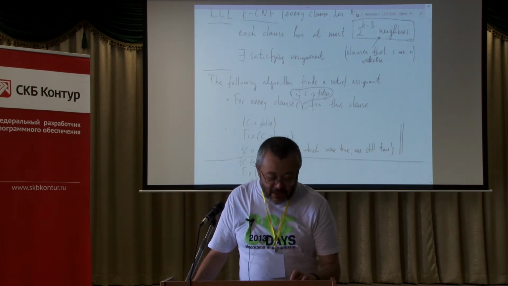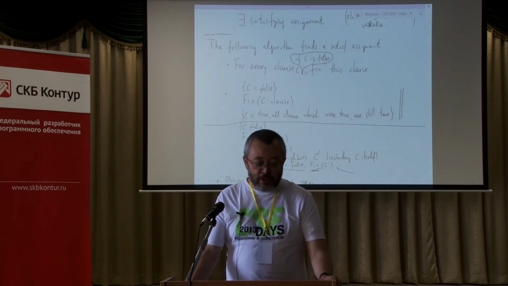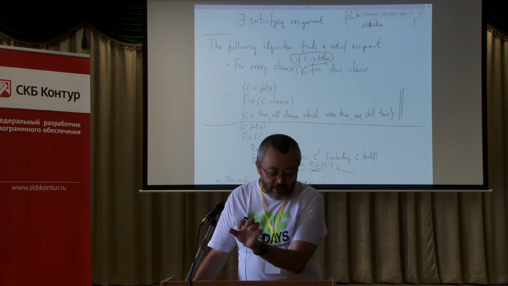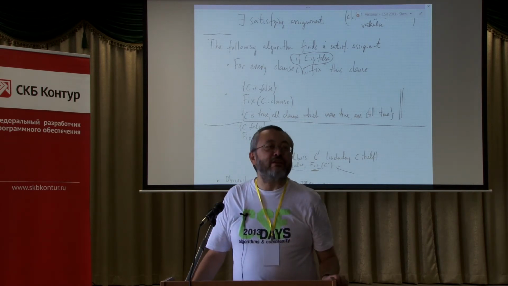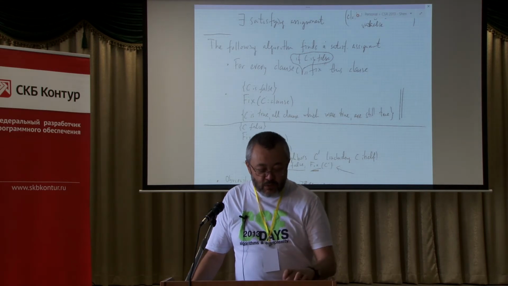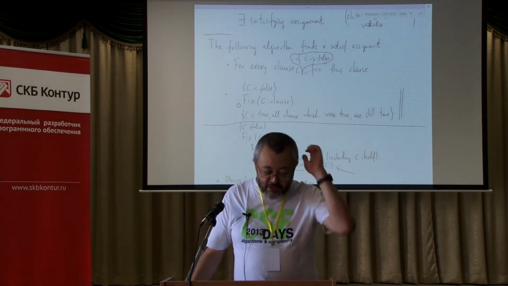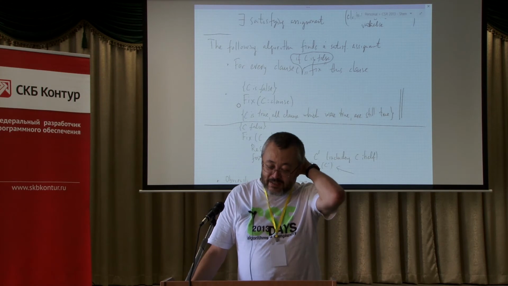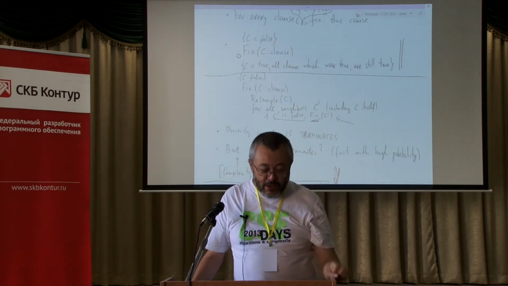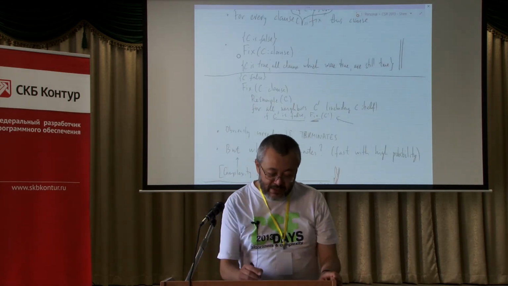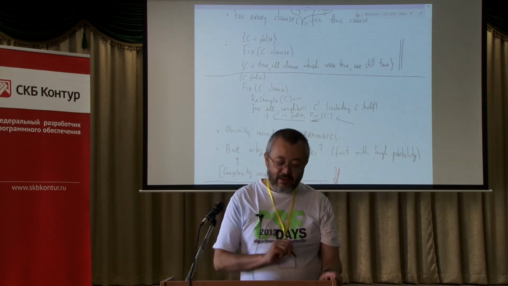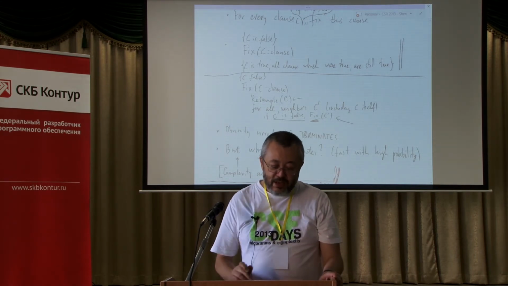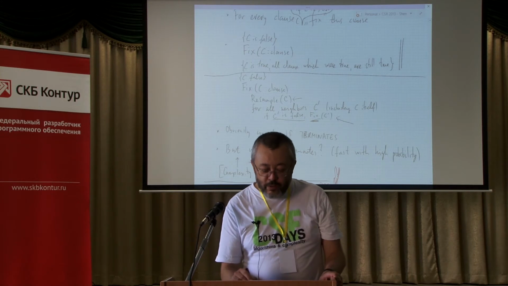The structure of the algorithm is that we look at all clauses one by one, and if a clause is false, we fix it. Fix means we call a recursive procedure. This recursive procedure, very simple, resamples the clause itself, and then recursively fixes all the neighbors which are false.